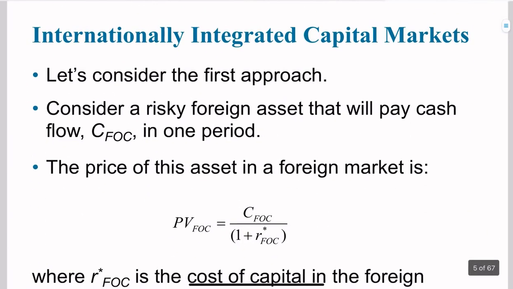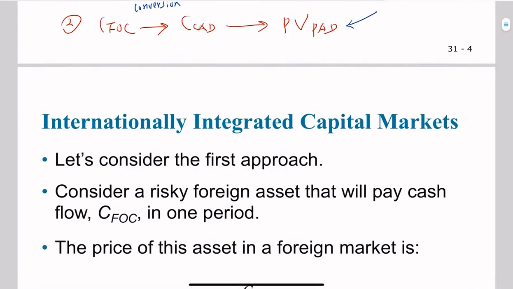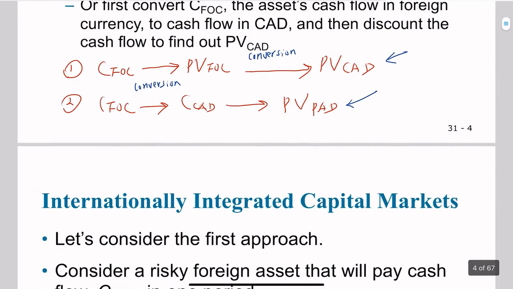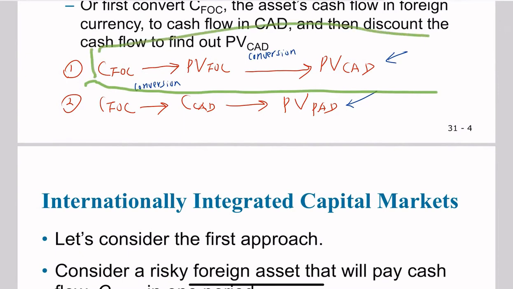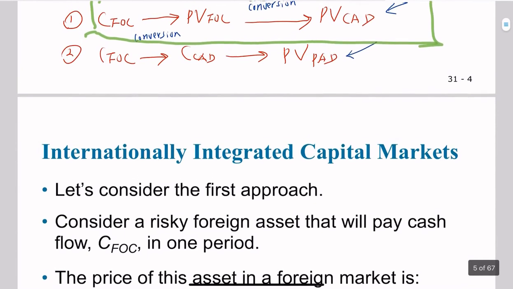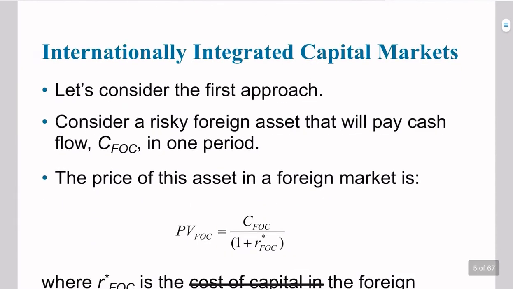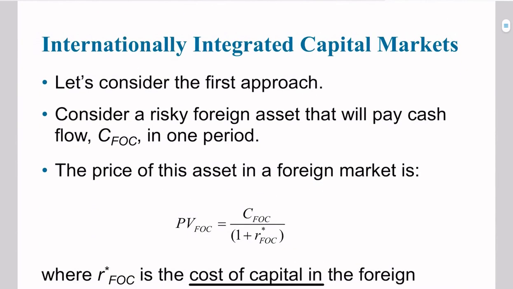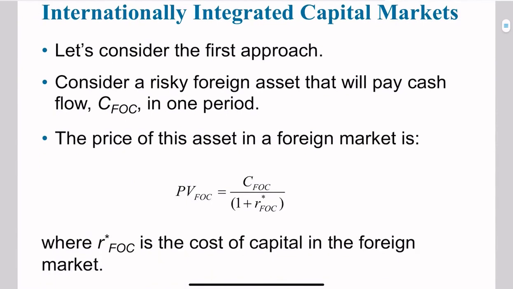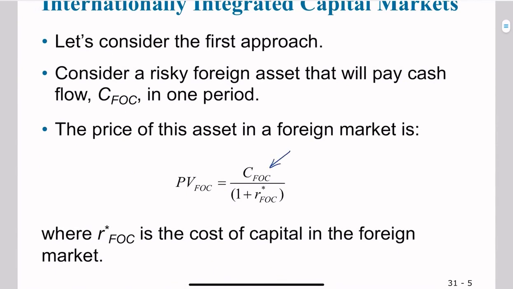Okay, now let's first start with the first approach. That is, we're looking at this. Right? And in the first approach, the investor will discount the foreign cash flow into the present value in foreign currency.